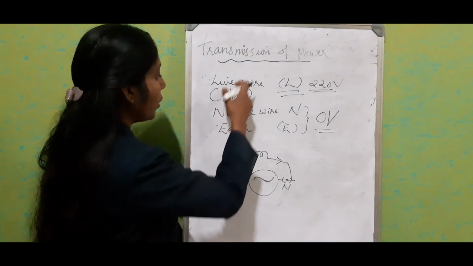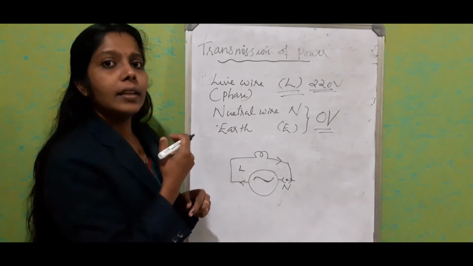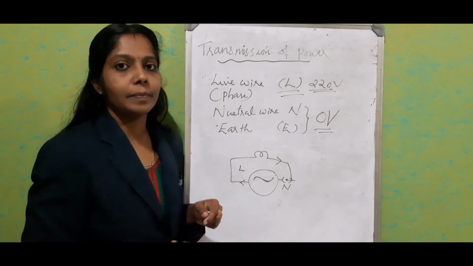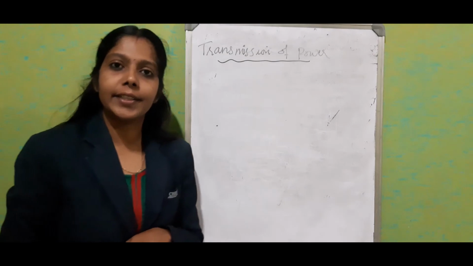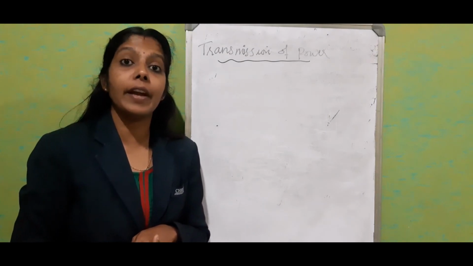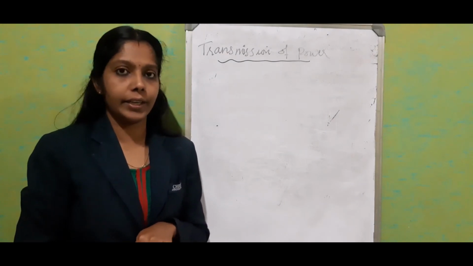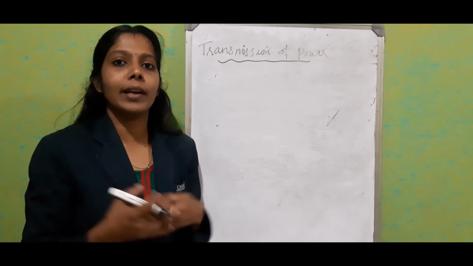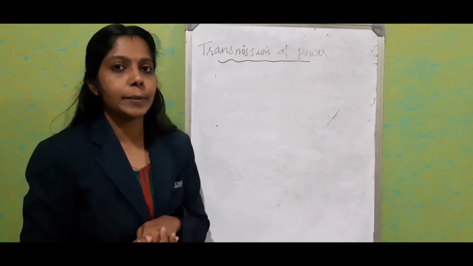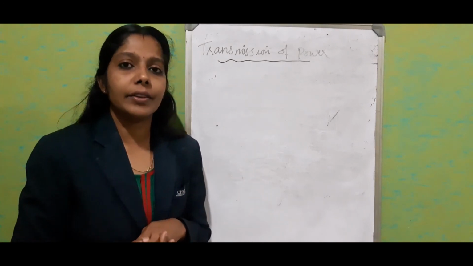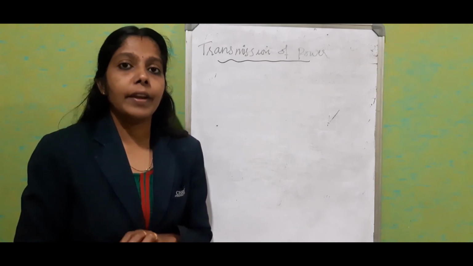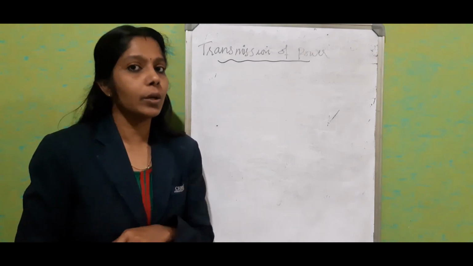Now let us see the color code for these different wires. While constructing houses or buildings, we have to do the electric connection, and only then will we be able to connect different electrical appliances. While doing that, we have to follow a color code system.